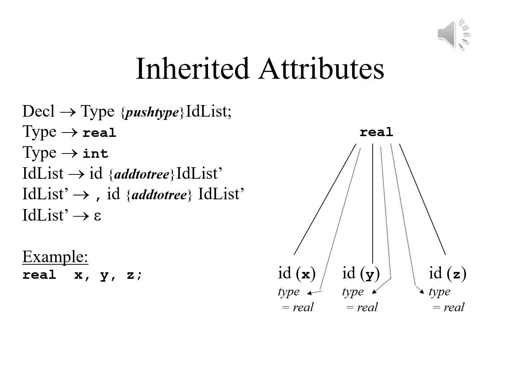Here we see an example of inherited attributes. The token real is at the root of the abstract syntax tree, and its data type is real. As a result, all three of the children on this AST fragment inherit the type real from the root of the tree.